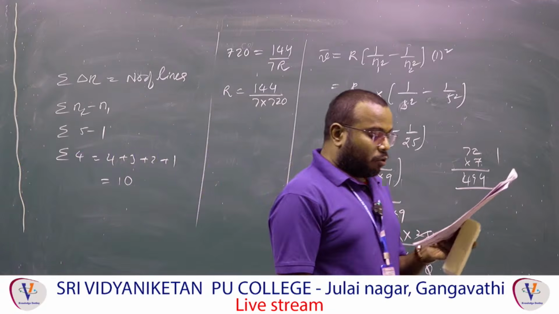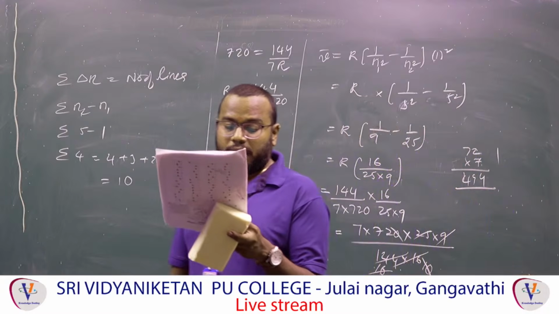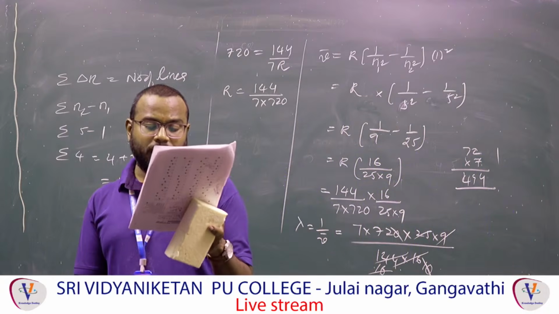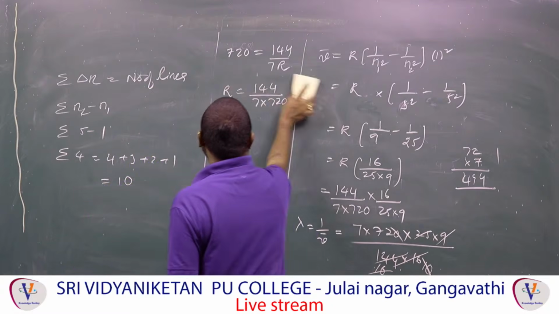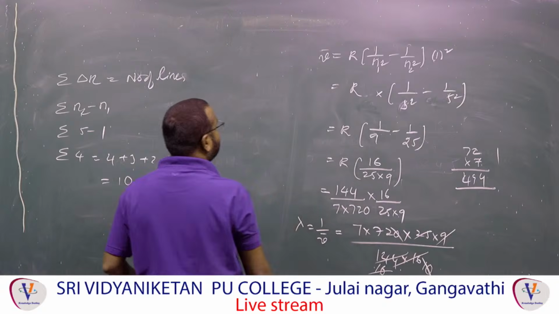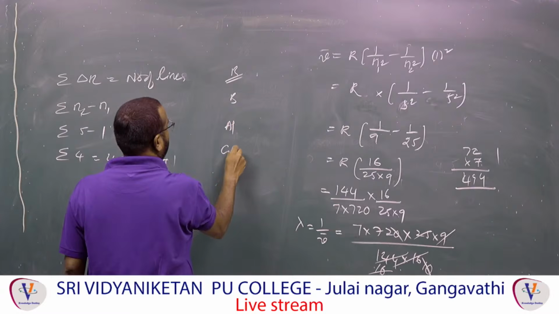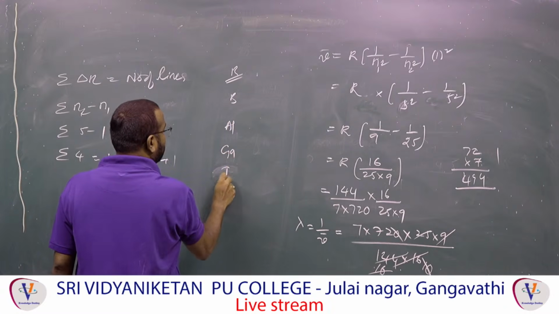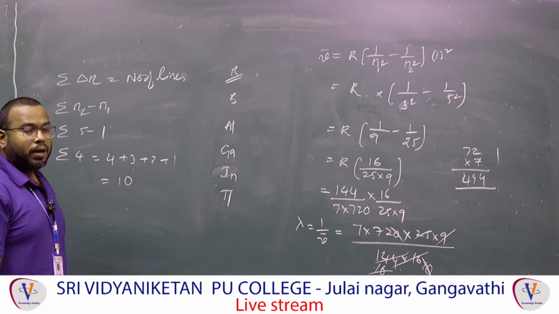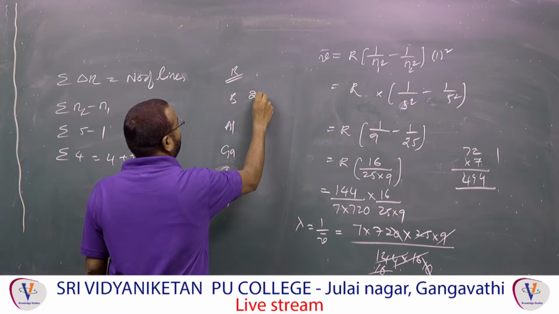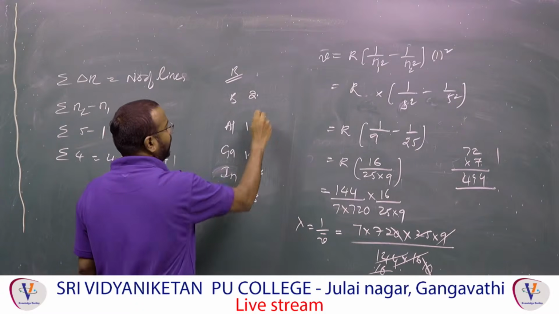50th question. Which one of the following is an incorrect statement? Electronegativity of aluminum is less than that of thallium. Comparing the electronegativity of aluminum and thallium in group 13: boron, aluminum, gallium, indium, thallium. When we compare their electronegativity, this is 2 units, this is 1.8, 1.7, 1.6, 1.5 units.